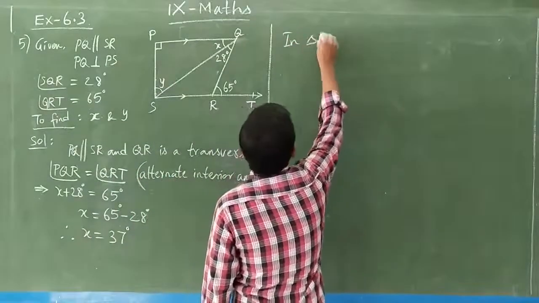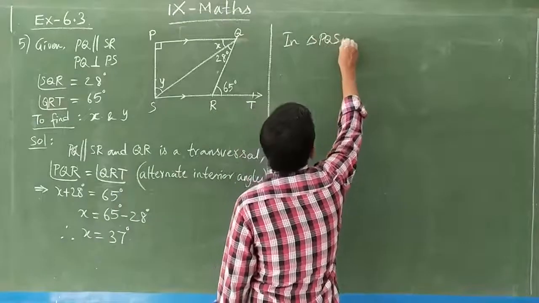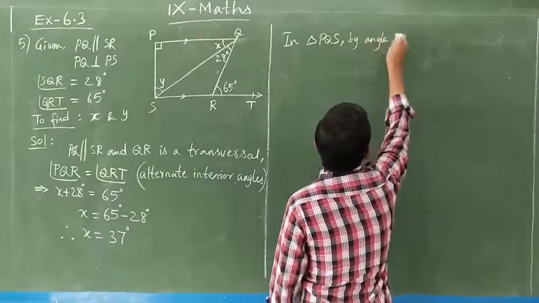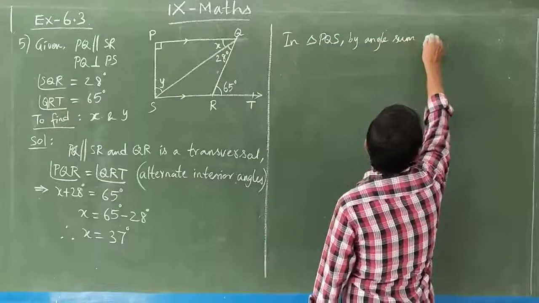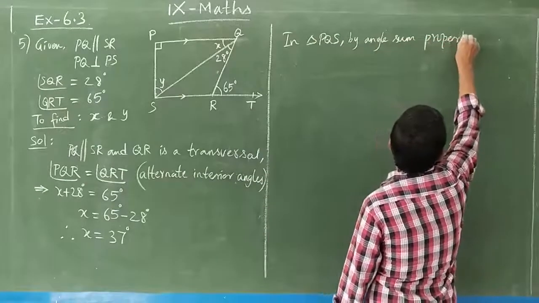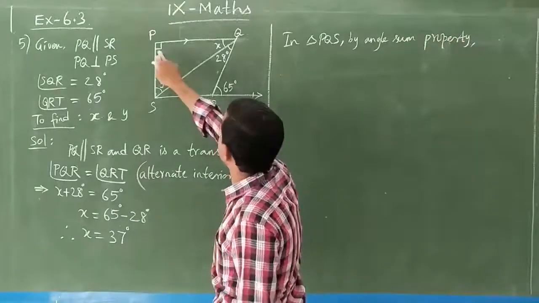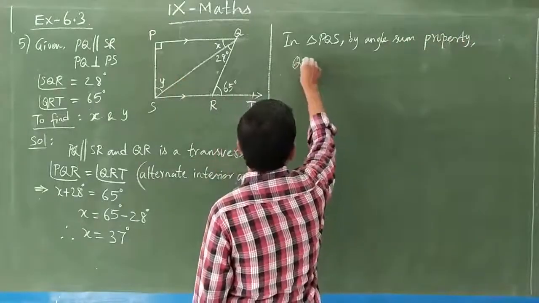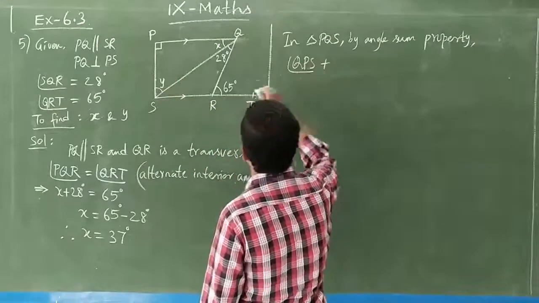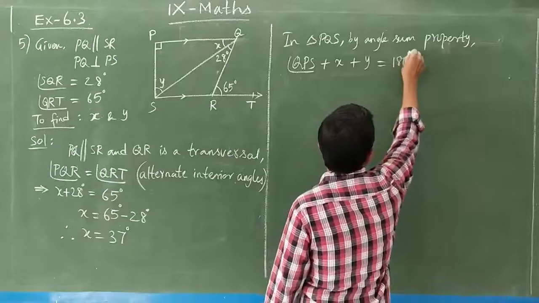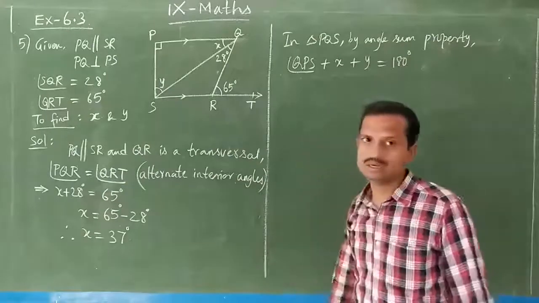So in triangle PQS, by angle sum property, you can write first of all this angle QPS, and then angle X, and then angle Y, all together 180 degree.